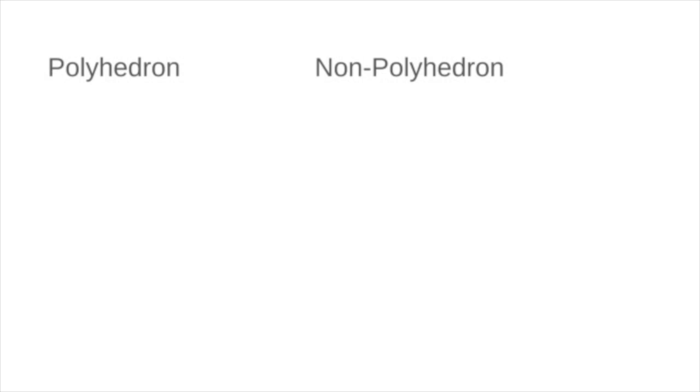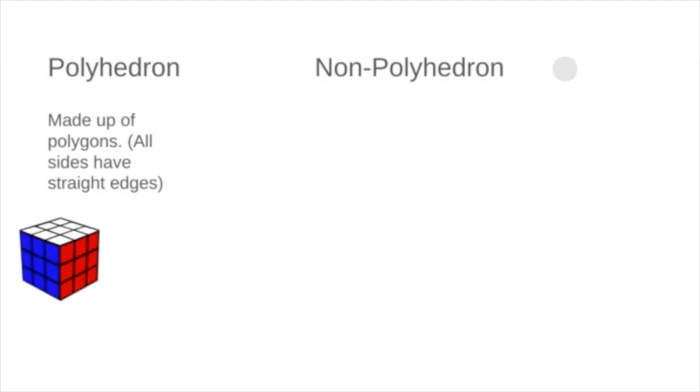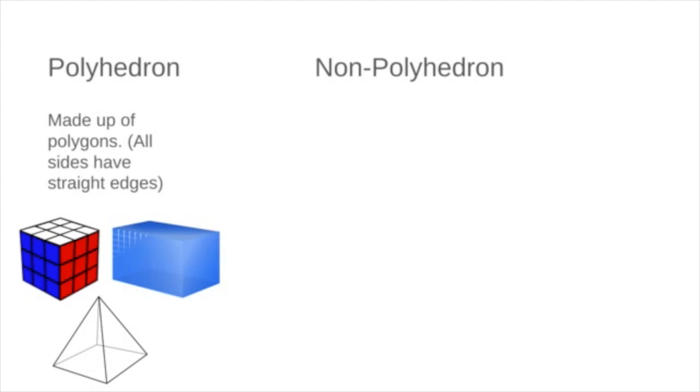When you think about polyhedron, I want you to think about the word polygon. Polygon is a two-dimensional shape that has straight sides. So a polyhedron is made up of all polygons, so all sides have straight edges. Some examples of polyhedrons include a cube, a rectangular prism, a pyramid, and a triangular prism.